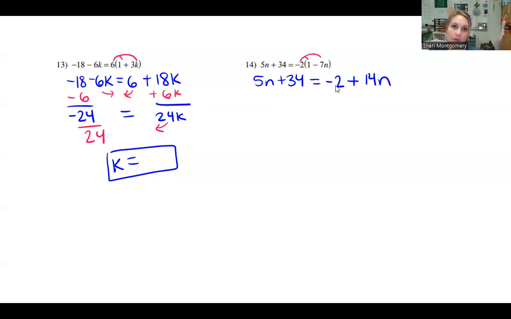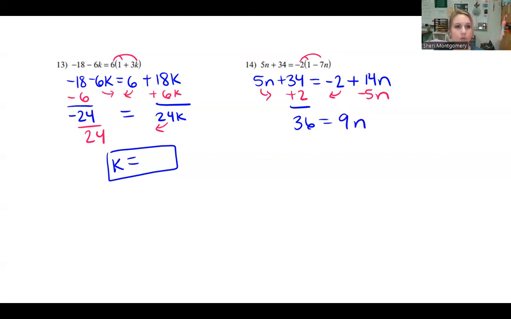Let's go ahead and take care of the minus 2. We can add it to the other side. So we will bring over, subtract 5n, bring over, add 2. 34, 35, 36 is equal to 14 minus 5. So we get 9n.